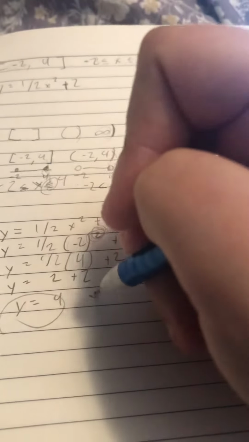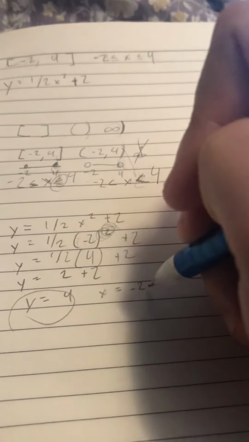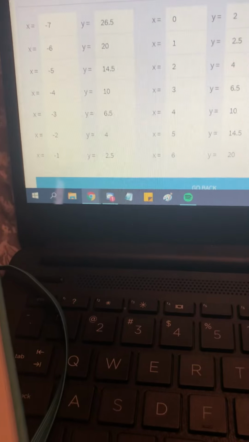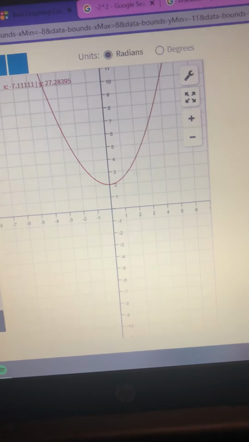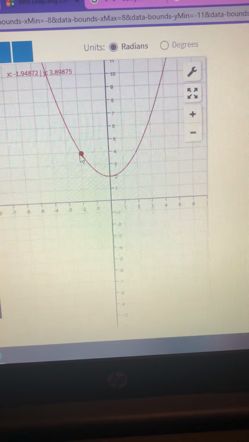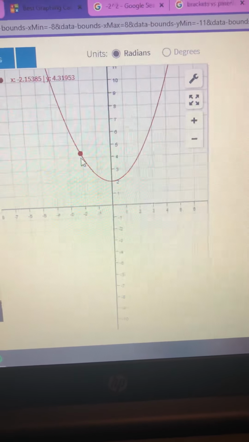So when x equals negative 2, y equals 4. We can check this on our graph. You don't need to do this, but it's helpful to do so. When x equals negative 2, y equals 4. This is what this means. Okay?